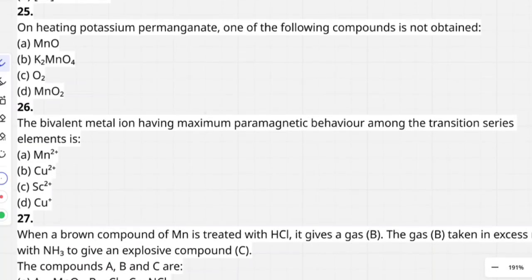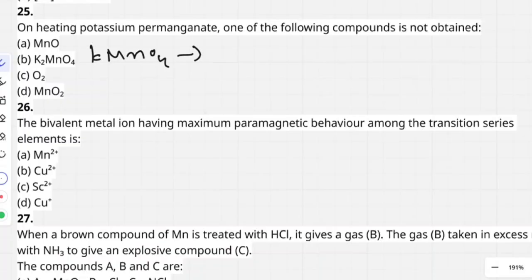On heating potassium permanganate, KMnO4, one of the following compounds is not obtained. See here, KMnO4 on heating gives K2MnO4, and it also gives MnO2.